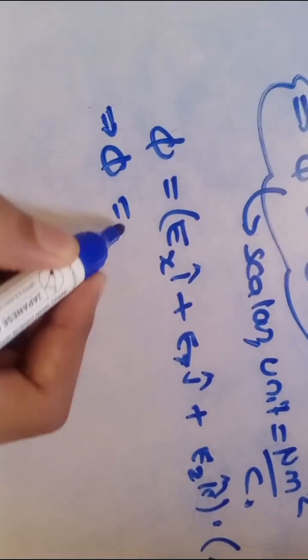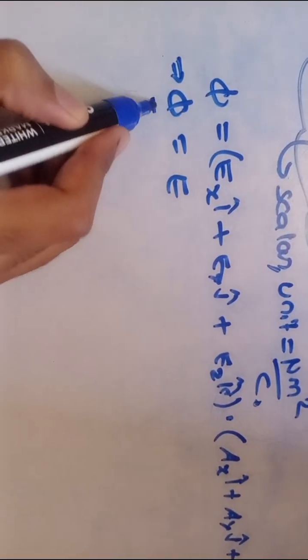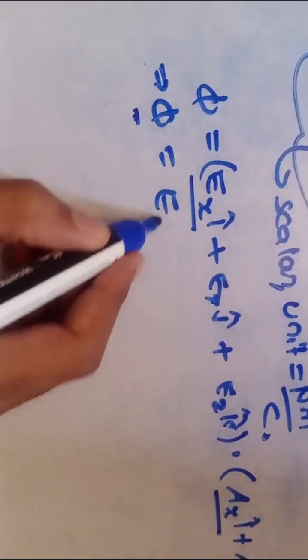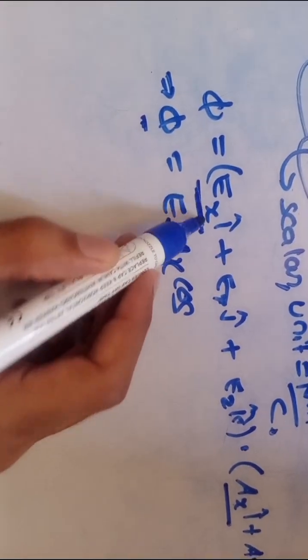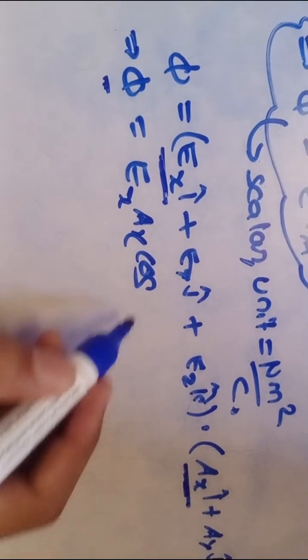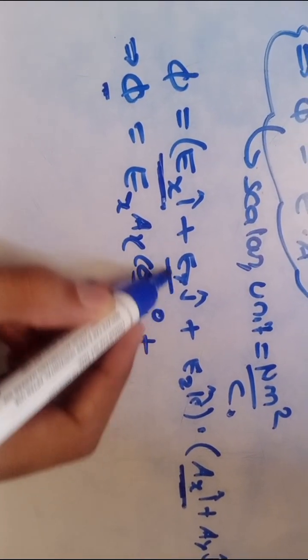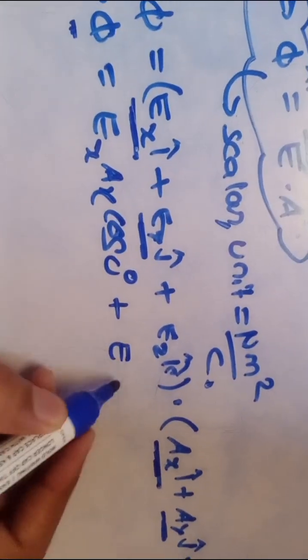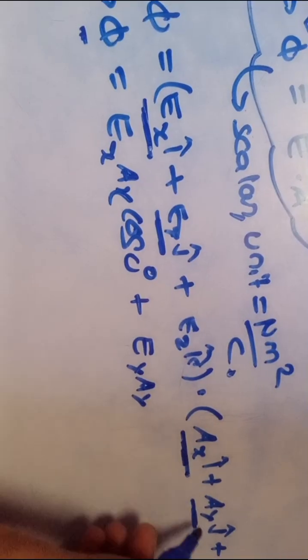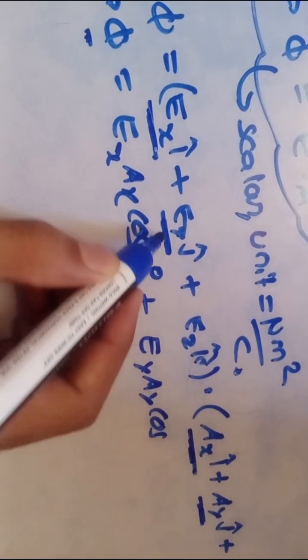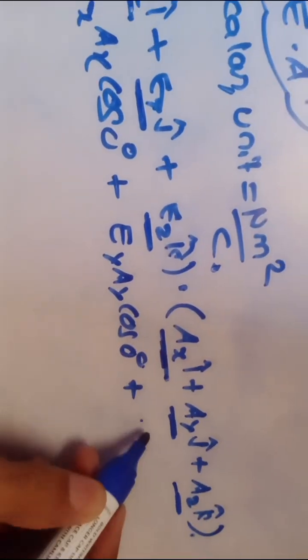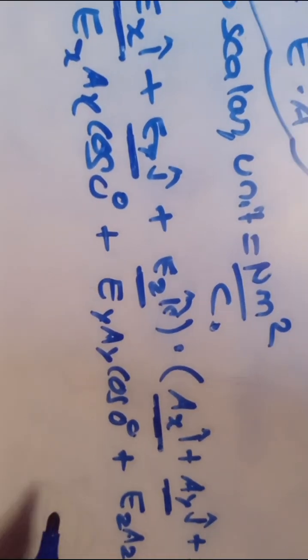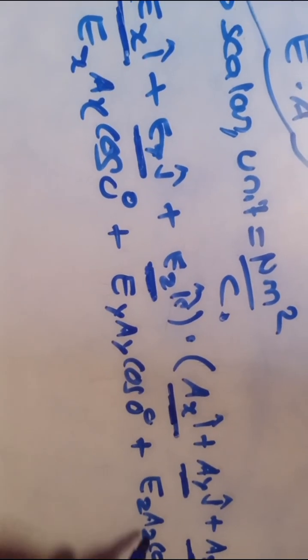The dot product of Ex i cap and Ax i cap gives Ex Ax cos theta, where the angle between Ex i cap and Ax i cap is 0 degrees, plus the dot product of Ey j cap and Ay j cap, where the angle is 0 degrees, plus the dot product of Ez k cap and Az k cap, where the angle is 0 degrees.